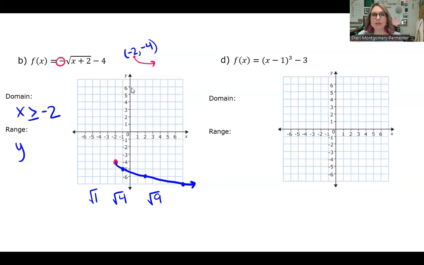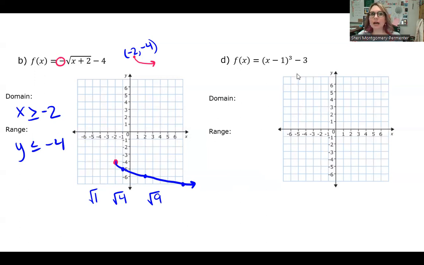For the Y's, I go look along the Y-axis. Where does my graph start? It starts at -4. My graph is below -4. So since it's below, it has to be negative or less than or equal to. That is my domain or my range.